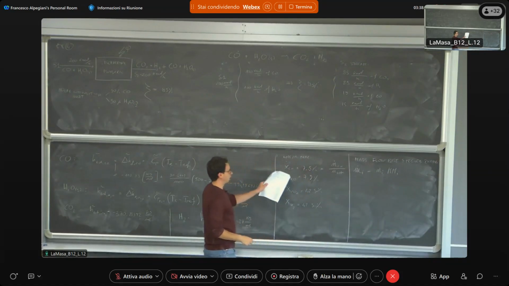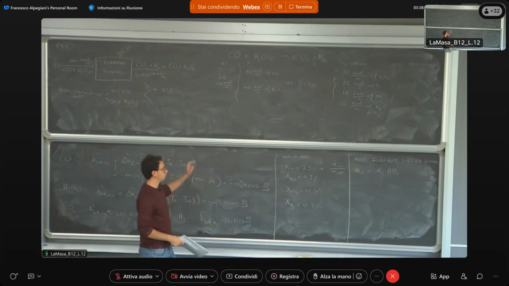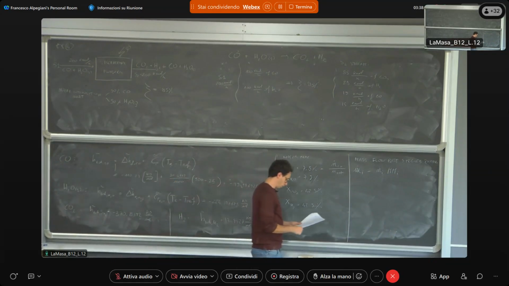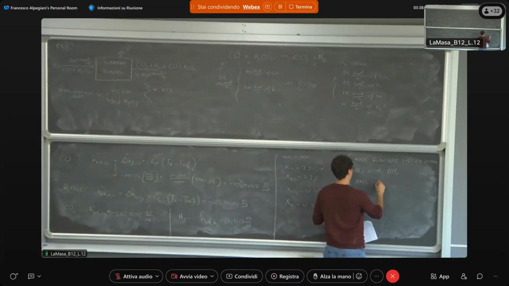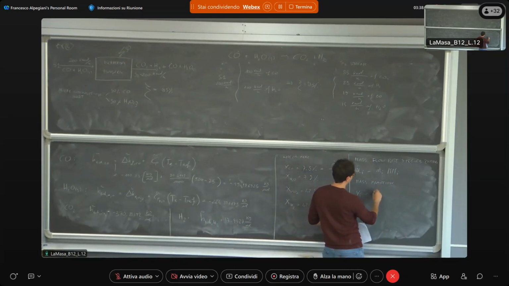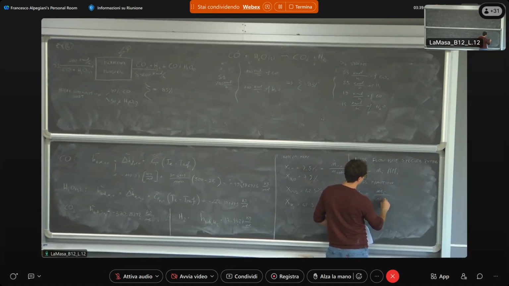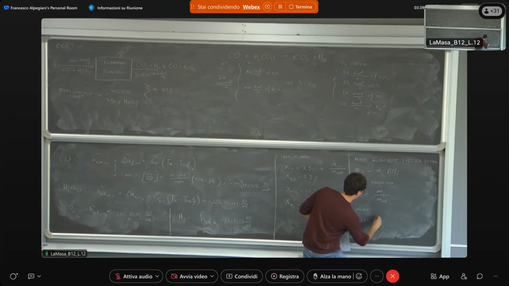Be careful that in this case you have a mass flow rate of also CO and water exiting because you are not converting all the CO. Then you can evaluate the mass fraction of the species i as epsilon i equal to m i divided by m tot, where m tot is the sum of the different mass flow rates of the different species.